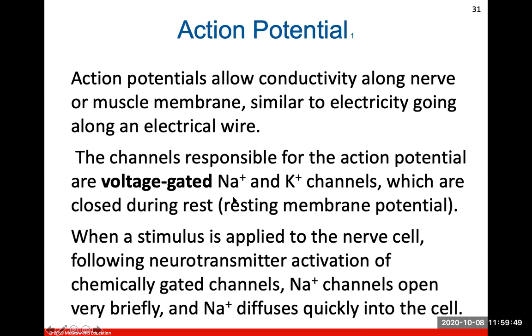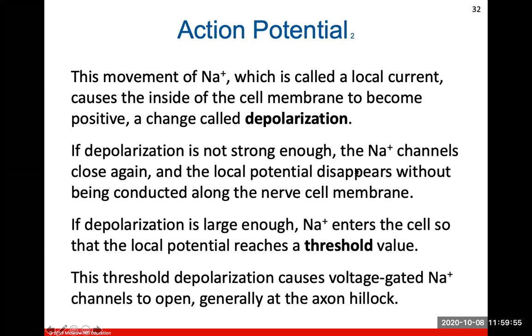So the sodium channels will open very briefly, and sodium will diffuse into the cell quickly. This movement of sodium ions into the cell, we call that a local current, causes the inside of the cell membrane to become more positive. Because at rest, the inside of the cell membrane is very negative.